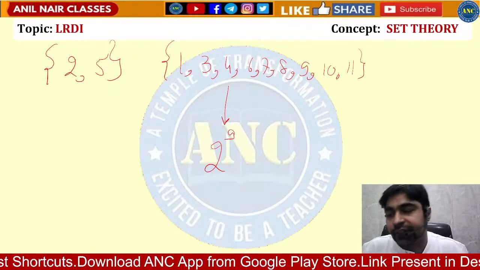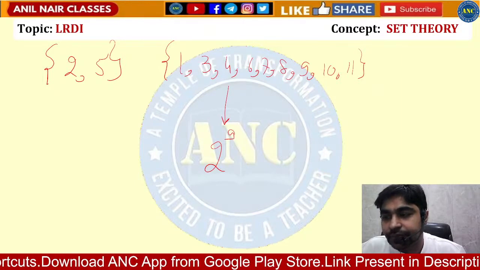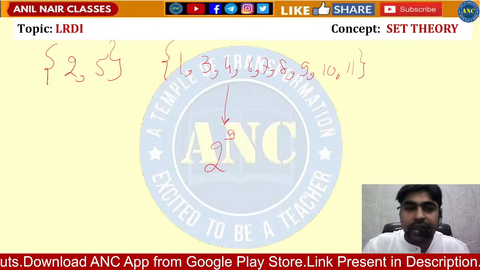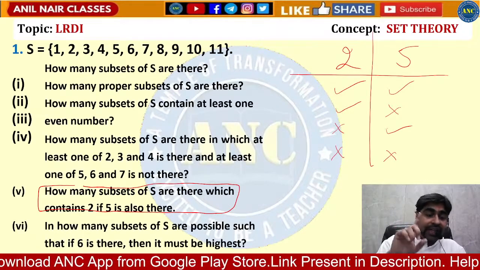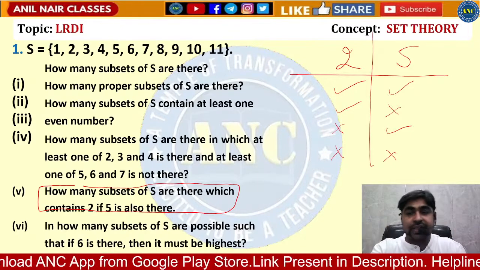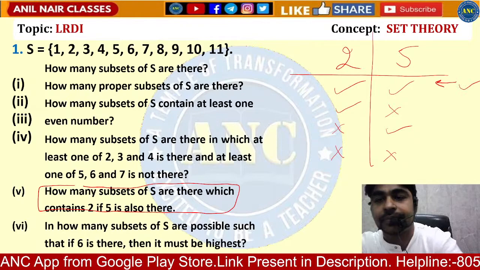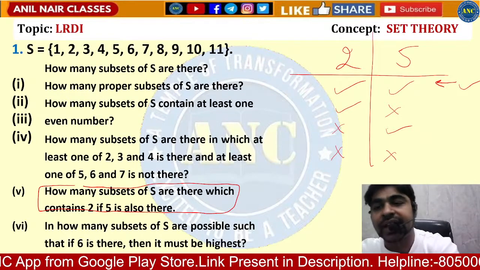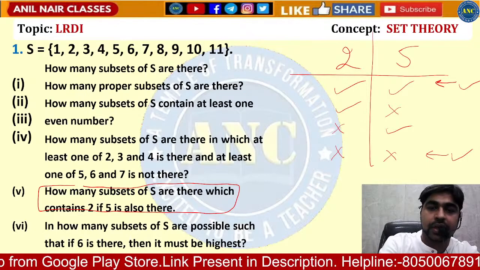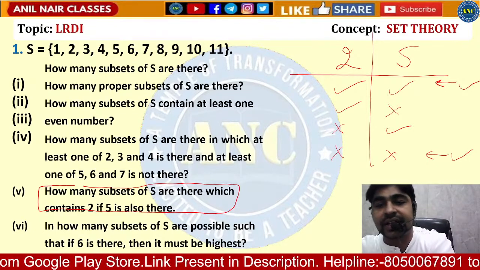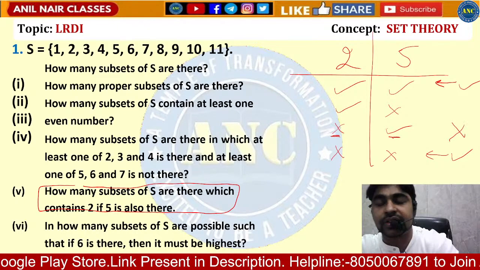And among 2 and 5, what are the possible options that I can take? A contains 2 if 5 is also there. So if 5 is there, then 2 should also be there. Okay, if you are taking neither of them, it is okay. But if 5 is there, then 2 should be there, na? So this is not possible.